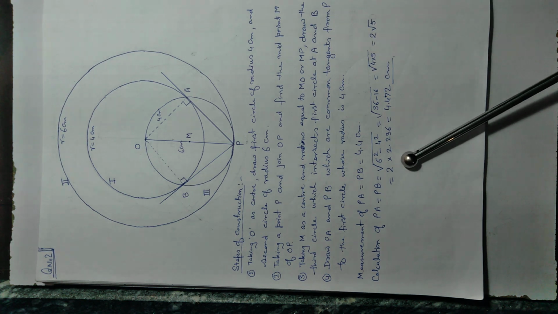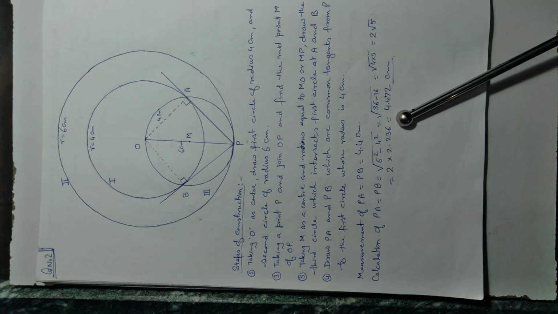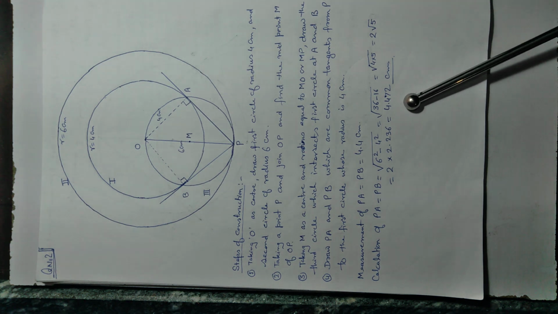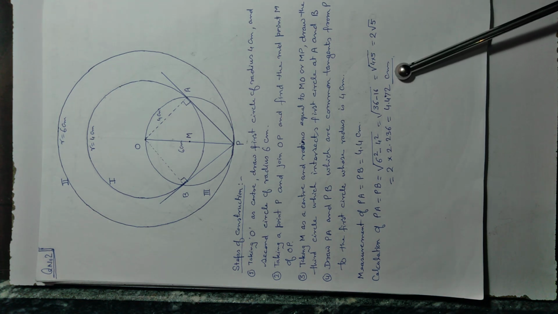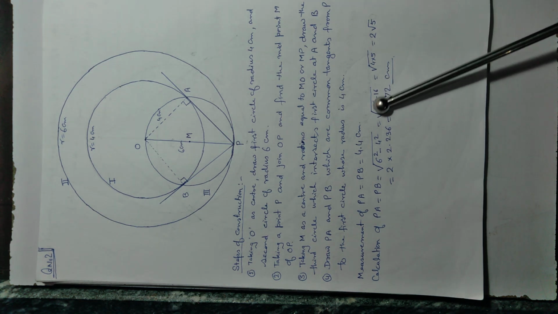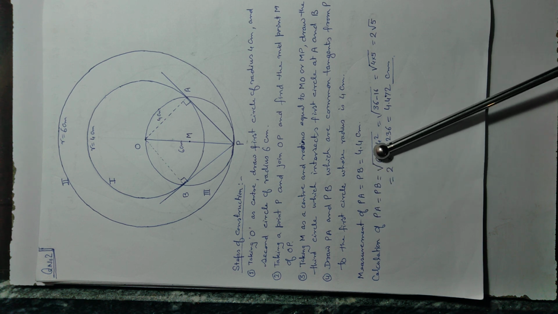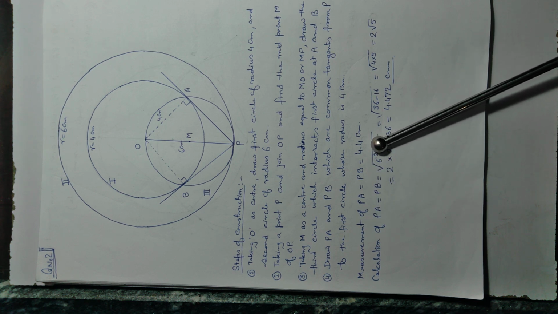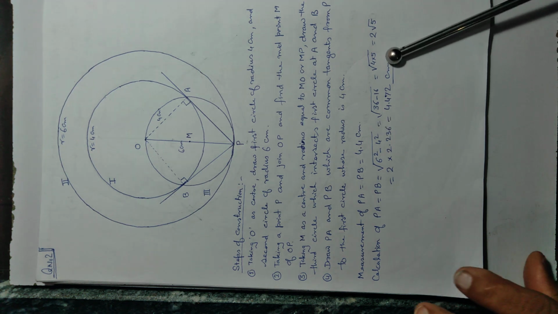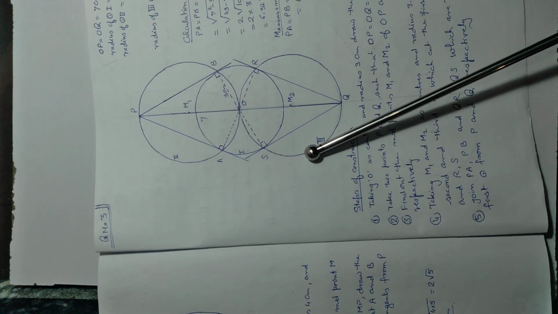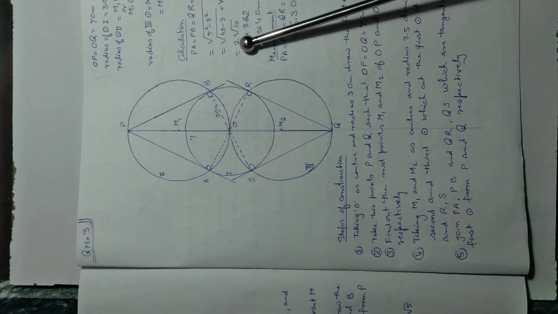So 2 into 2.236 will be equal to 4.472. This is the exact measurement as per the calculation, and geometrically on measuring we have got 4.4 centimeter. Now proceed to question number 3 of exercise 11.2.